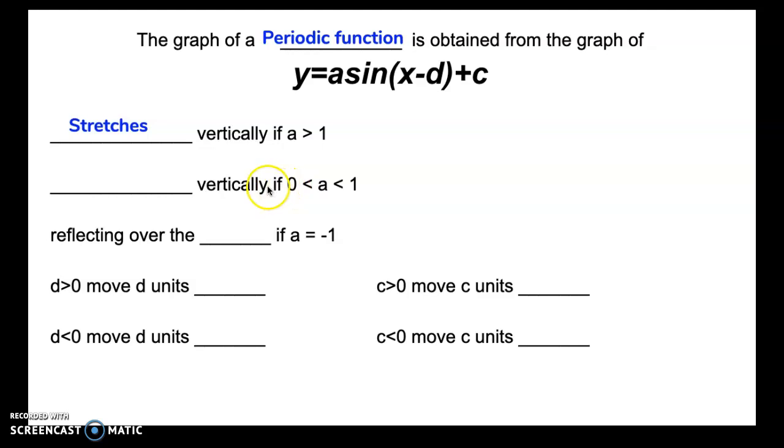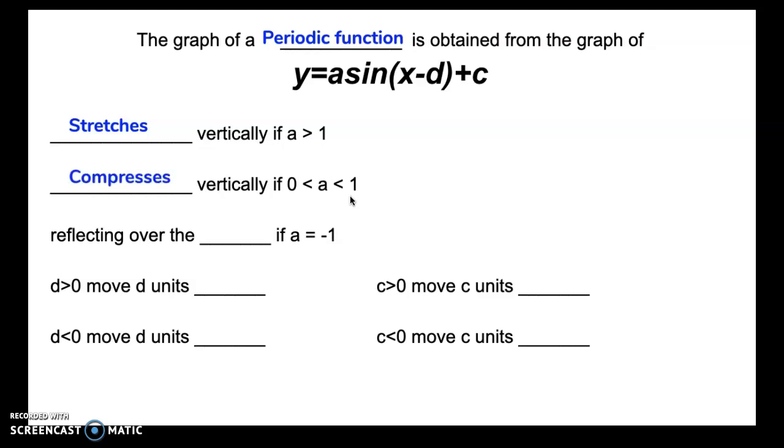And if the a is between 0 and 1, so that could be a decimal like 0.5, 0.3, or a fraction like 3/4 or 1/8, it's going to compress the graph vertically.